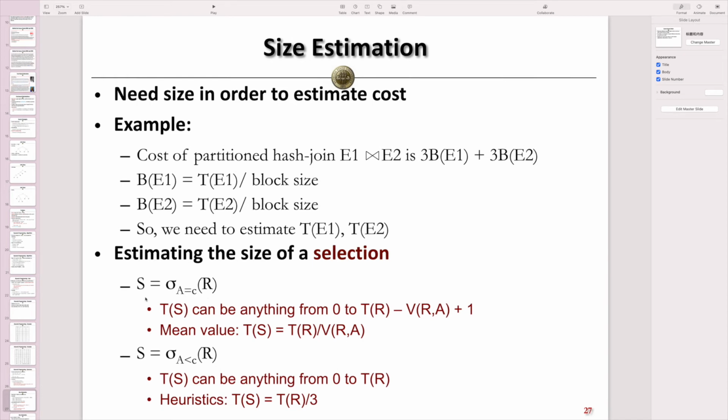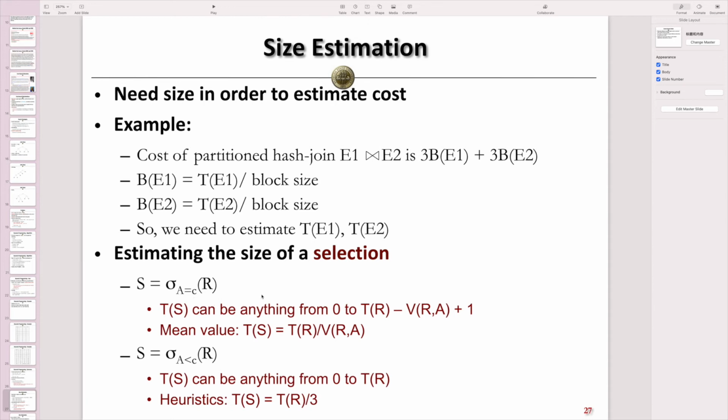So therefore TS for the result can be 0, and the maximum value can be what? We need to consider different values available for the A attribute, right? And the maximum value available for S, for the selection result, we can assume all the other values except C, right?